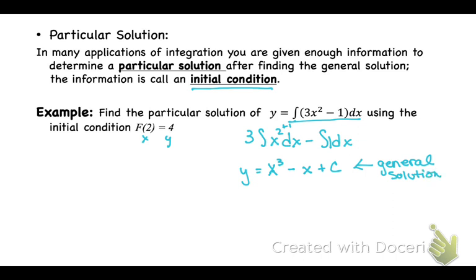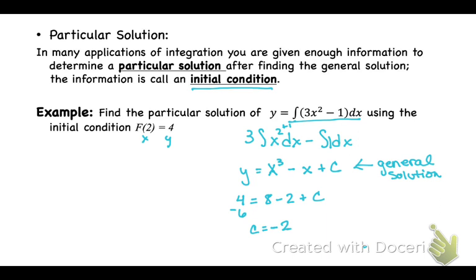So y is 4 equals 2 cubed, 8 minus 2 plus c. So 8 minus 2 is 6, minus 6. So c is -2.